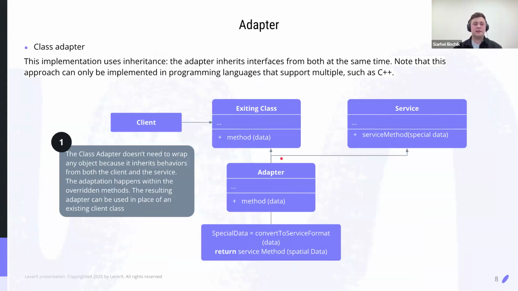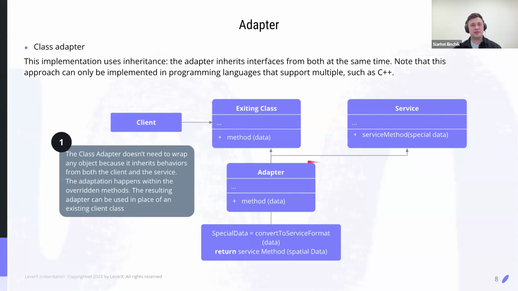So your client code cannot call the service code directly because of the data format mismatch, since XML is not JSON, and your service method is written to work only with JSON, so it won't work with XML. So you need somehow to adapt your code. You need to convert this XML to JSON, and the adapter can help you with that, since the adapter would be the one responsible for this conversion.